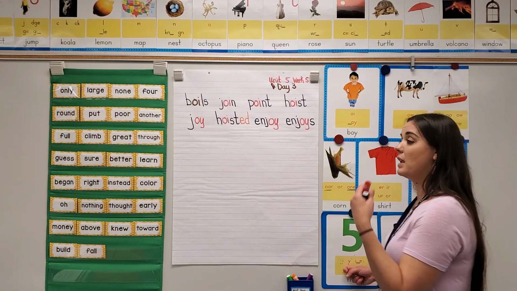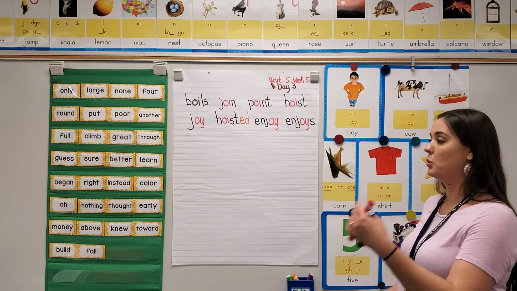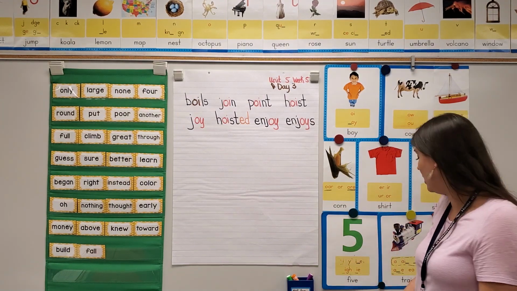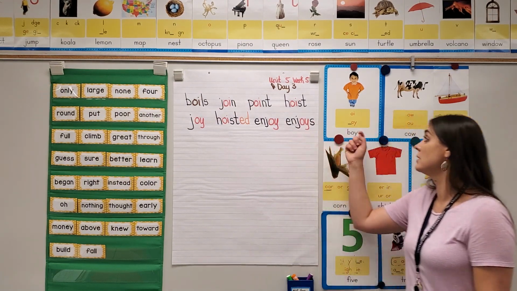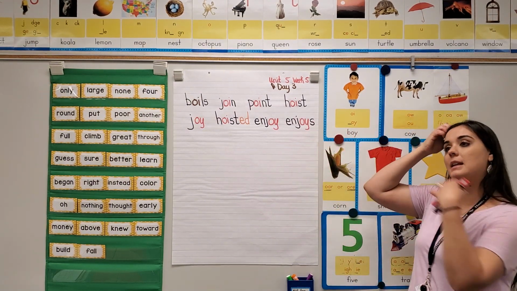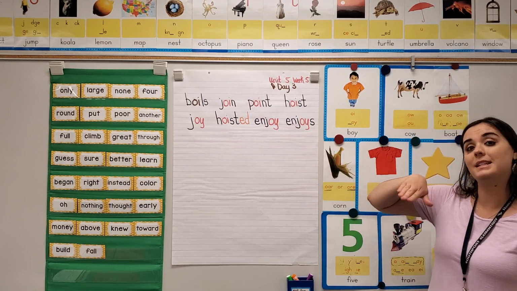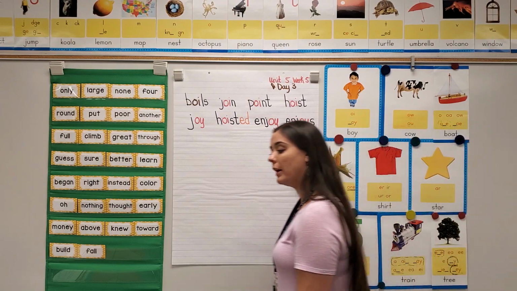If the word was gonna end with a Y and you were going to make it plural or make it past tense or add ING, you would change that Y to an I. But with the oi sound, that Y, if you're making another word with it, like joyful or enjoys, that Y still stays there. OY still says oi. All right, next word.